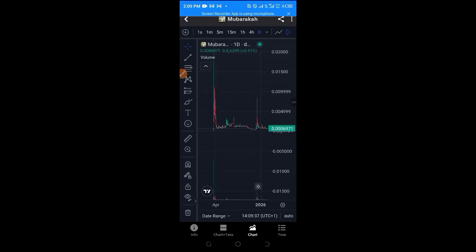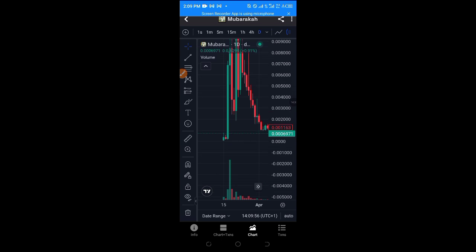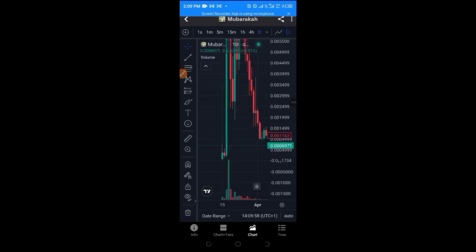Now, this chart is not very healthy, but we can still check it out to know how many times this chart has gone up. The token was launched at this price, and this is the current price.